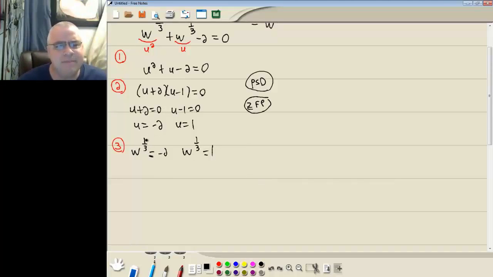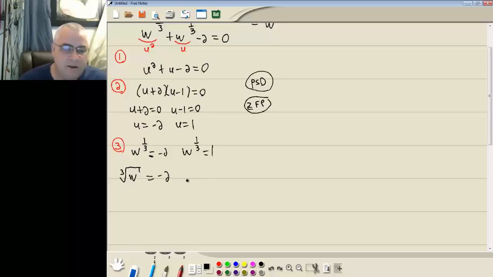In college algebra, you'll learn how to solve when you've got a rational exponent. But for now, these are radicals, so I can rewrite this in this manner, and same thing over here.